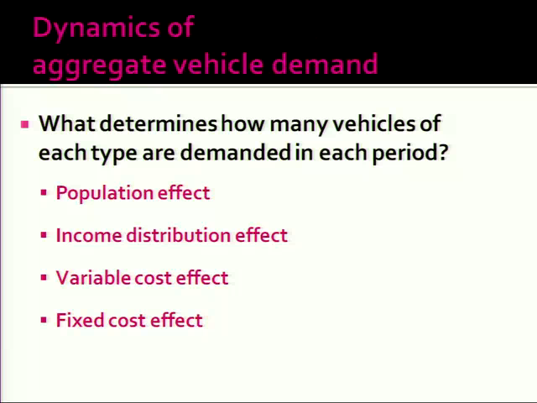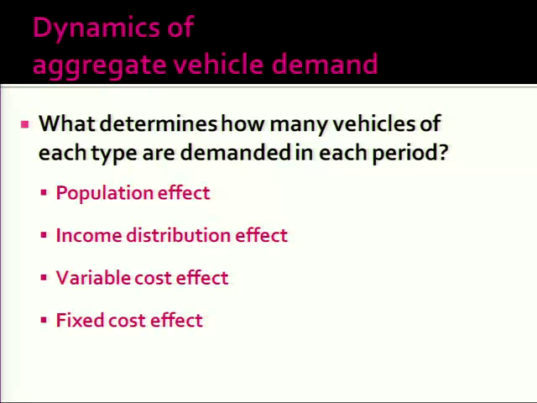And then you could have an income distribution effect, which means that the shape of the income distribution in the population could shift from one period to another. So for example, that's probably more relevant and obvious in developing countries like China, where income distribution is very quickly shifting. Then you have different amounts of people in the different types.